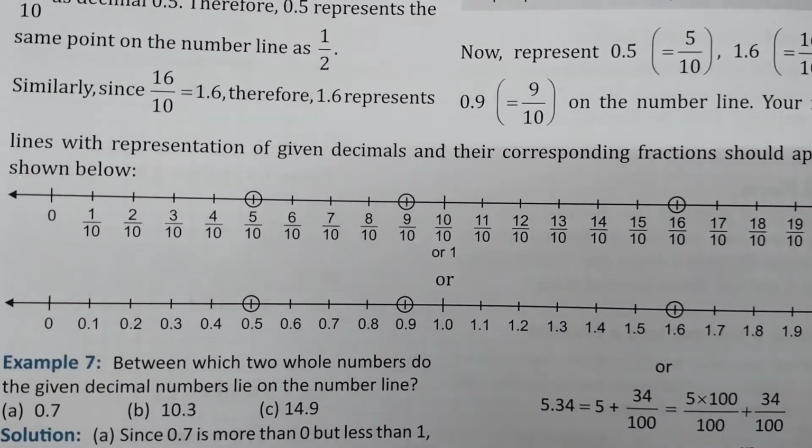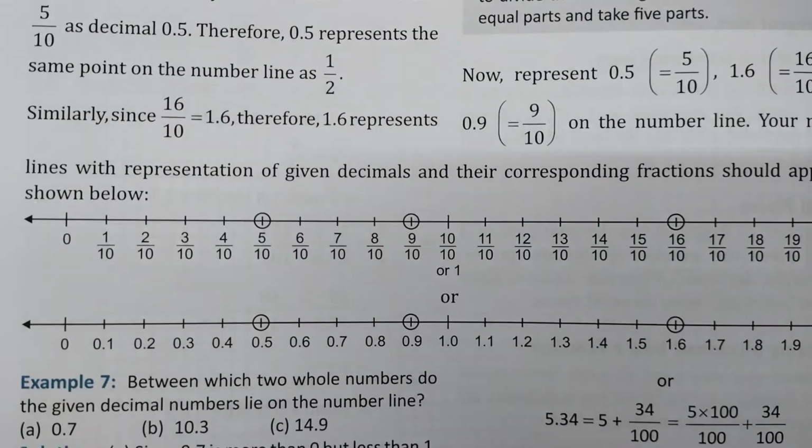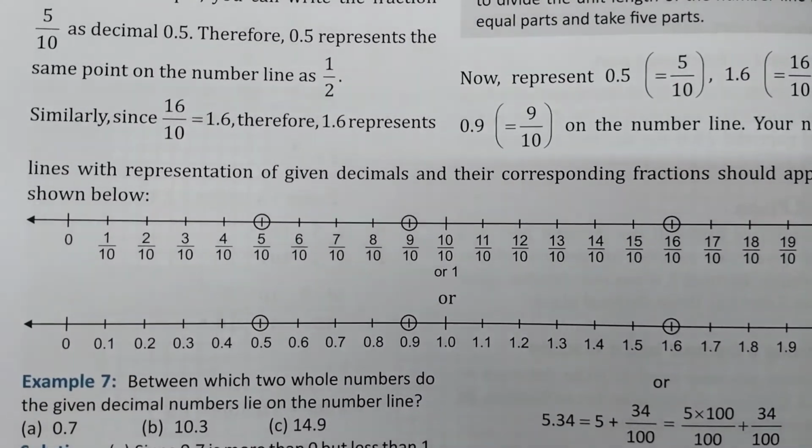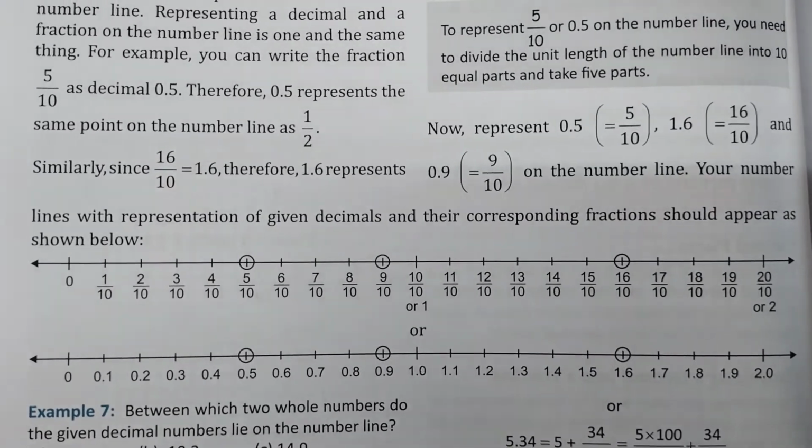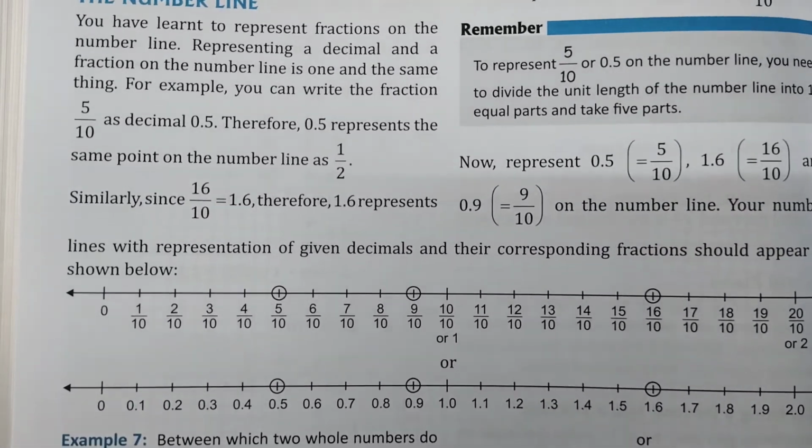Similarly, 11 by 10 is 1.1, 12 by 10 is 1.2, 13 by 10. So like this we represent the decimals on the number line.